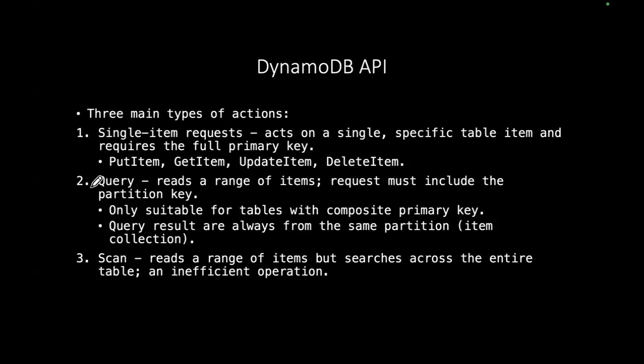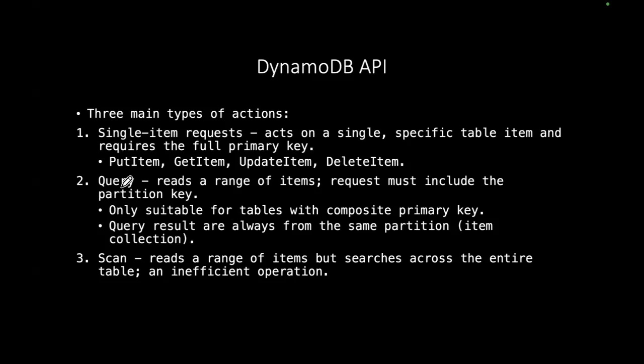The second type of operation is called query operations. Something I could have mentioned at the very beginning is, we're all familiar with SQL, right? DynamoDB does not have anything equivalent to SQL. With SQL, as you know, you can write fairly complex queries, and you can query on the basis of attributes that are not the primary key of that relational database.